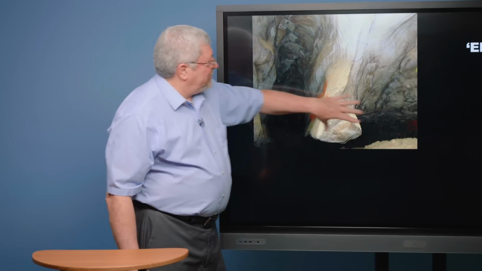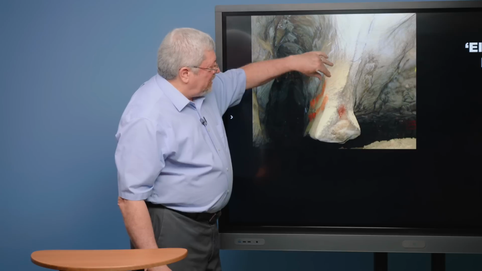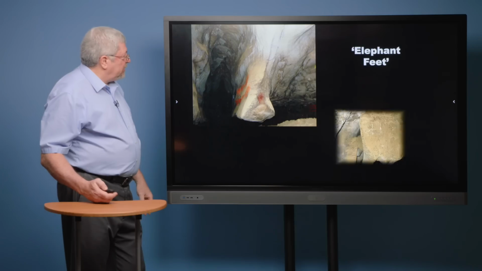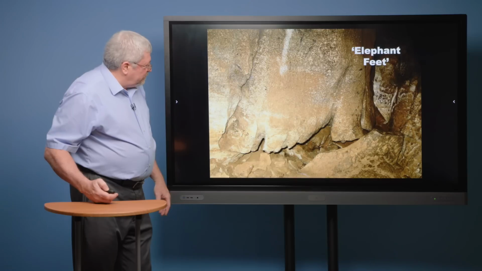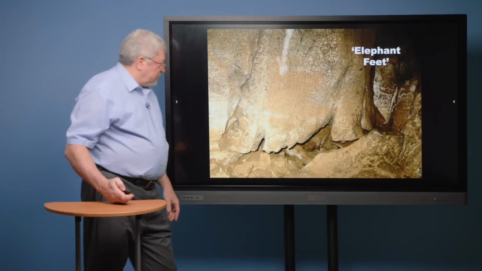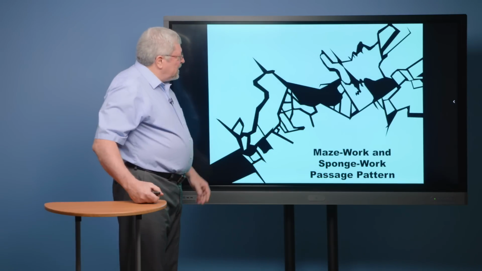So we've got adjacent floor inlets that leave a pendant behind, which is the shape of an elephant foot. They're actually somewhat common in caves. Weird structures that I never quite knew what they meant before.